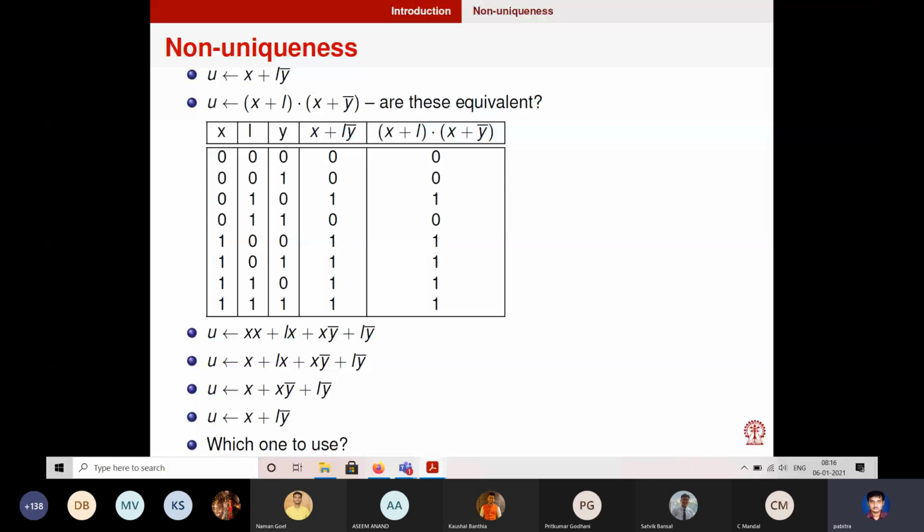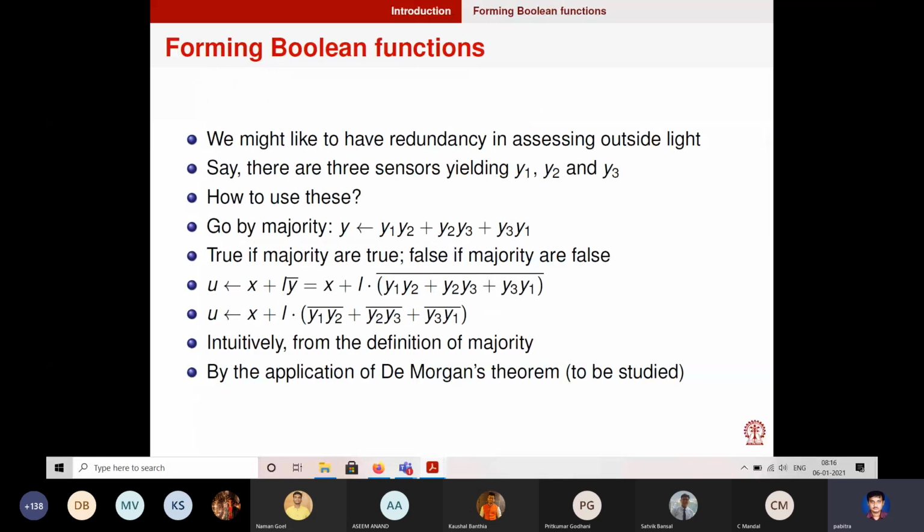Okay, so let's take a slightly more complicated case, in the sense that you go more towards an automated implementation, where you directly don't know whether you have enough light outside or not. Instead, you have three sensors, y1, y2, y3.